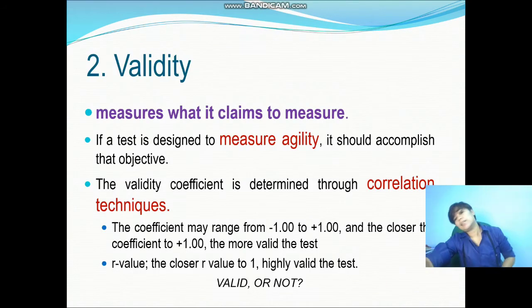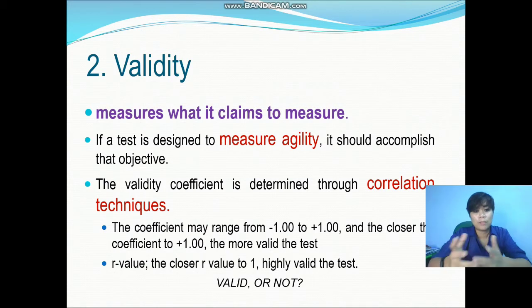The second one, validity. Criteria for a good test is validity. Valid: it measures what it claims to measure. This is the description of what is meant by valid. If a test is designed to measure agility, which is a skill-related fitness, it should accomplish that objective.